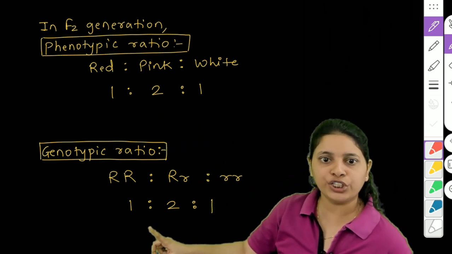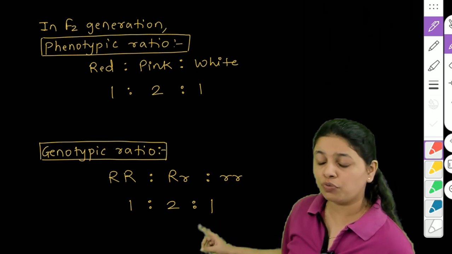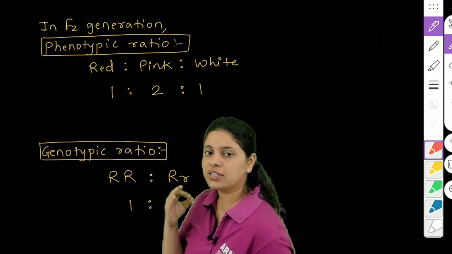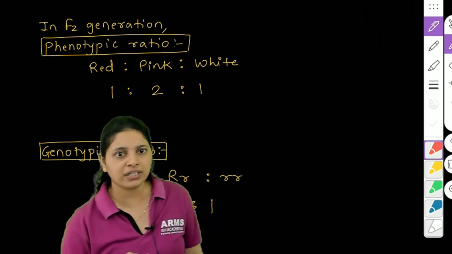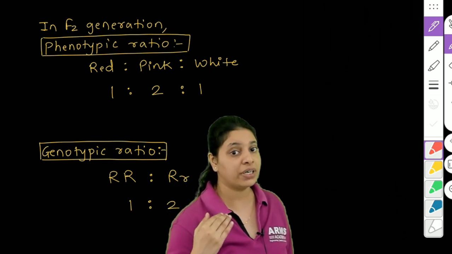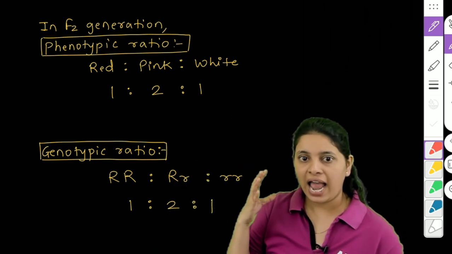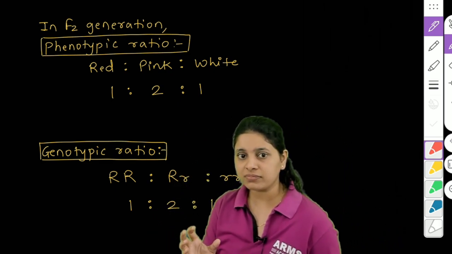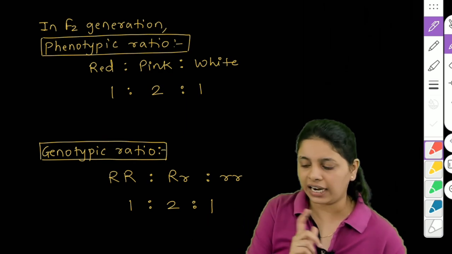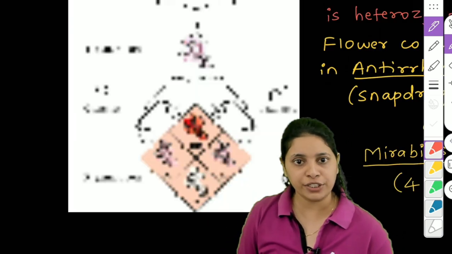Here also you can see the genotypic ratio is 1:2:1. So this is also a very important character in case of incomplete dominance. Both phenotypic and genotypic ratios are the same. As the hybrid shows an intermediate character, that is why we use the term incomplete dominance.